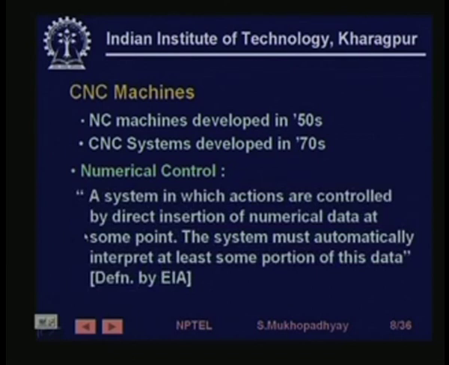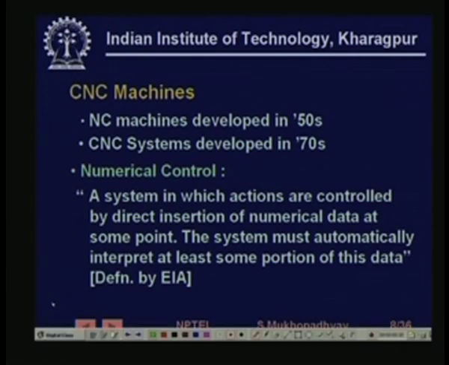So it was soon realized that these systems can lead to very high quality engineering and also reduce unproductive time. Now, the term numerical control has been defined by the EIA as a system in which actions are controlled by direct insertion of numerical data at some point.